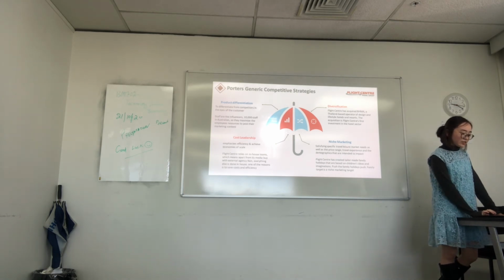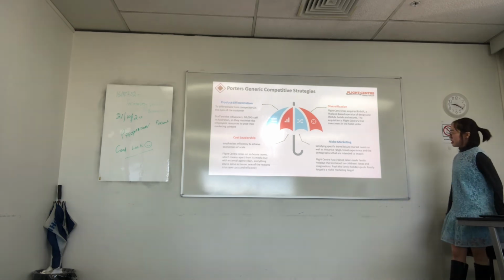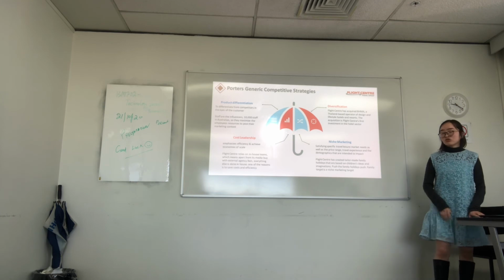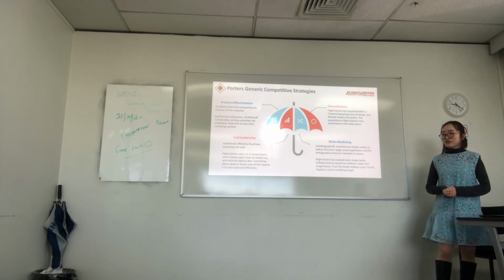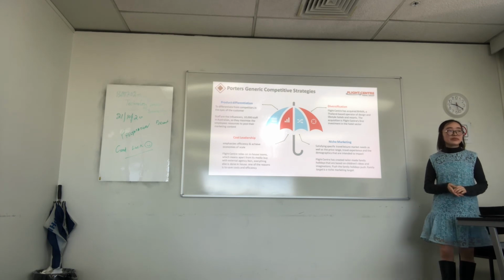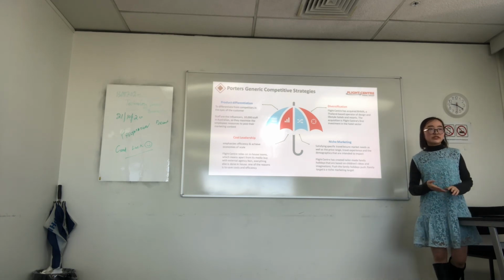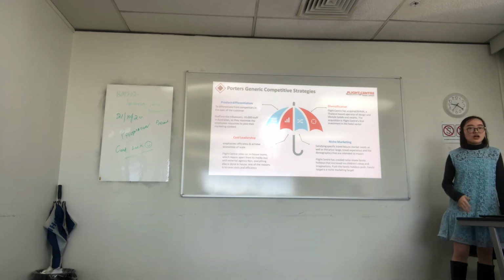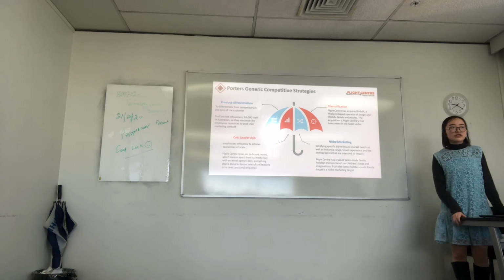And last but not least is niche marketing. Phison also does these strategies. For example, Phison has created a tailor-made family holiday, based on children's ideas and imagination, to create this holiday for families.